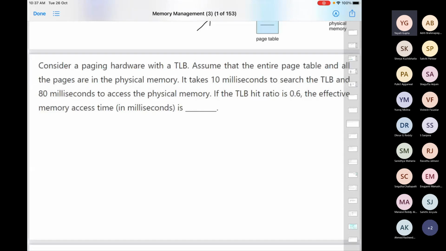So now instead of the cache, you are given the hit ratio of the TLB and the access time of the TLB. So can you figure out what is the effective memory access time?